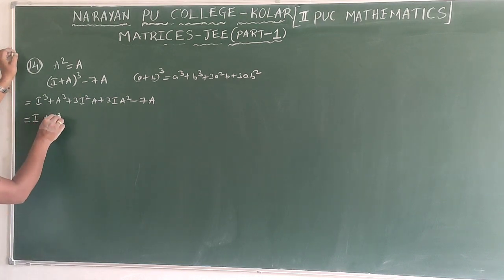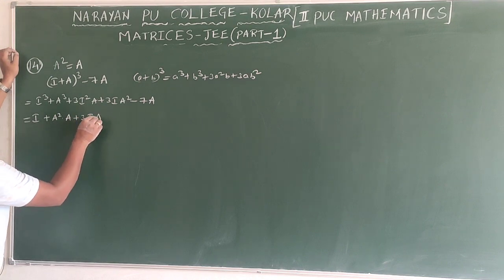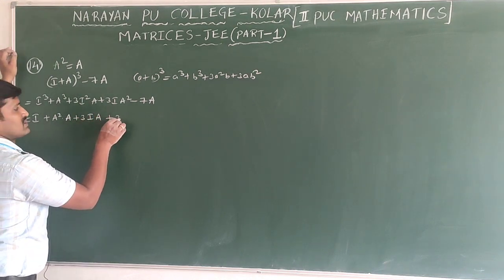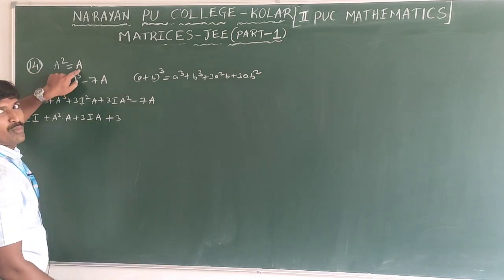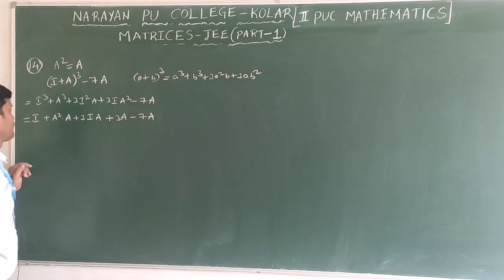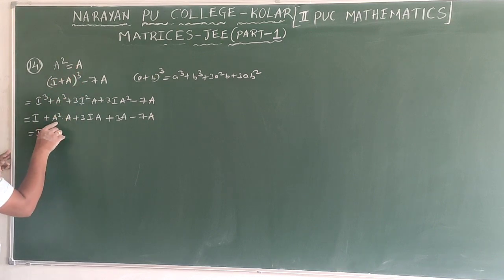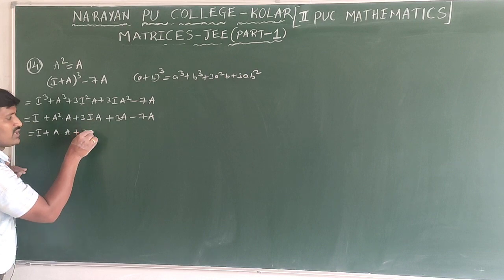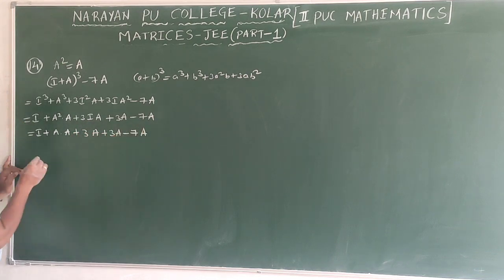A cube we can write as A square into A. 3I square is I into A. 3I into A square is A square only. A square value, how much here? A. So 3A minus 7A. I plus A square is A. Now A into A plus 3, I into A is A, plus 3A minus 7A.